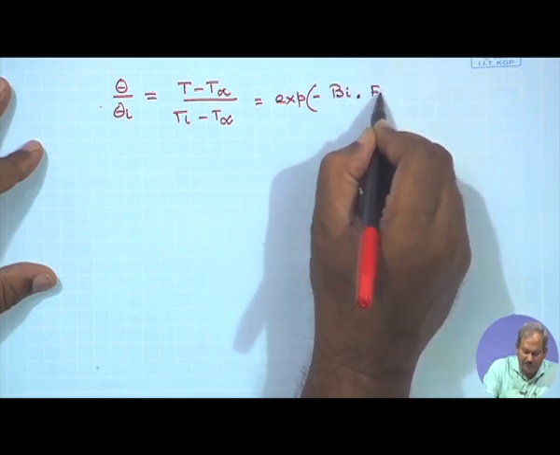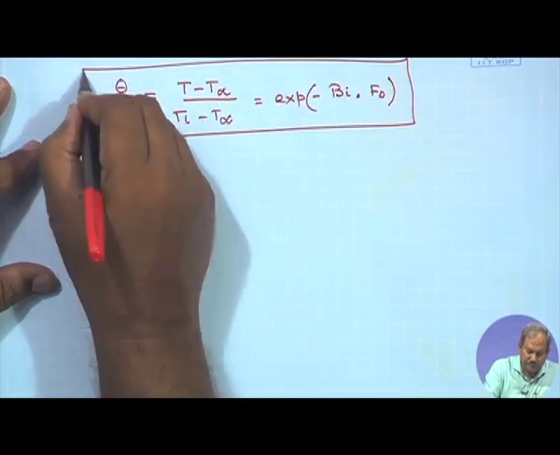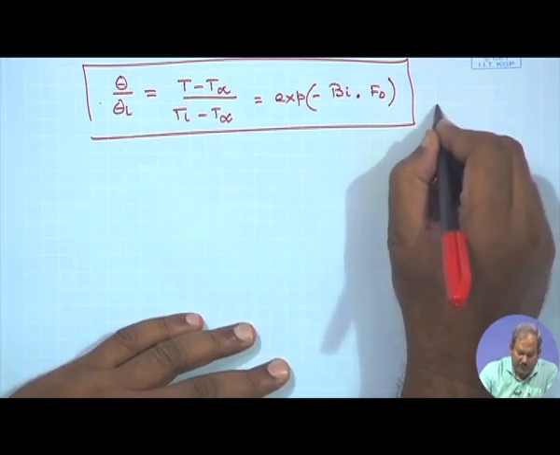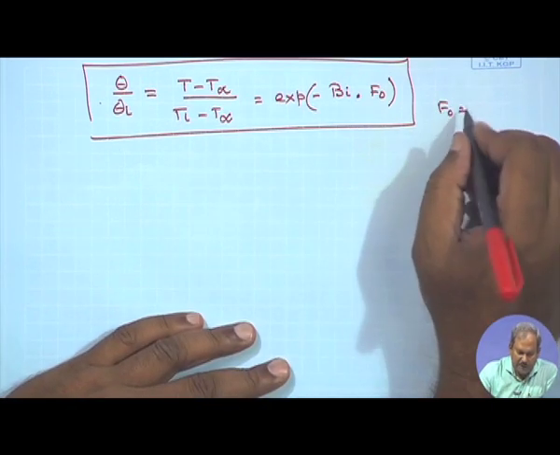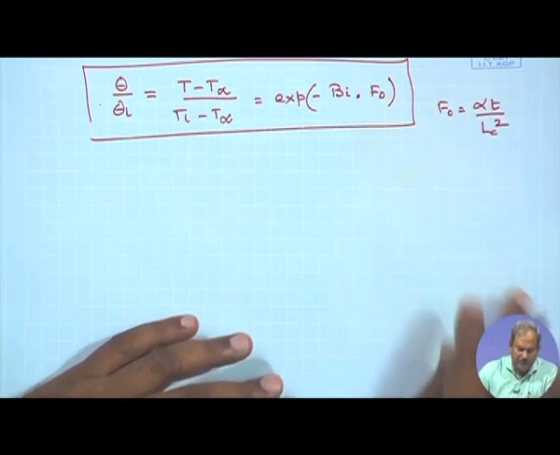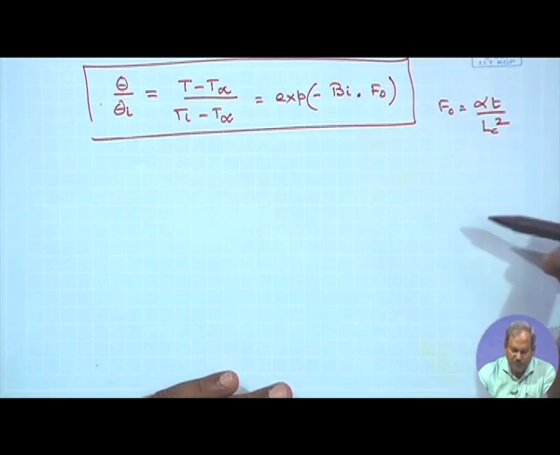One is the Biot number and the other is the Fourier number. The Fourier number is alpha t by L_c squared. It compares a characteristic body dimension with an appropriate temperature wave that penetrates, so it gives you how fast the temperature wave will penetrate into the depths of the solid.